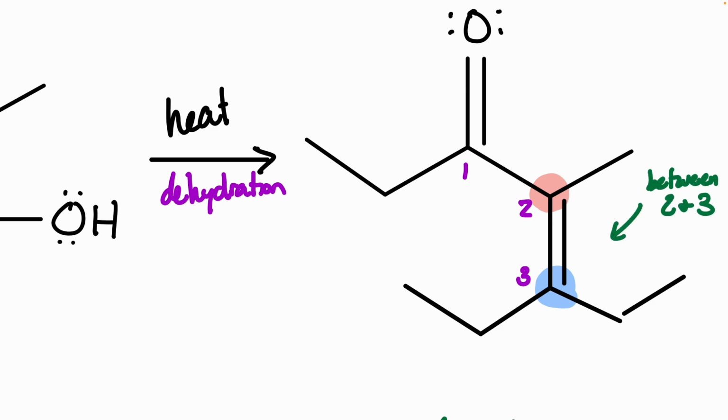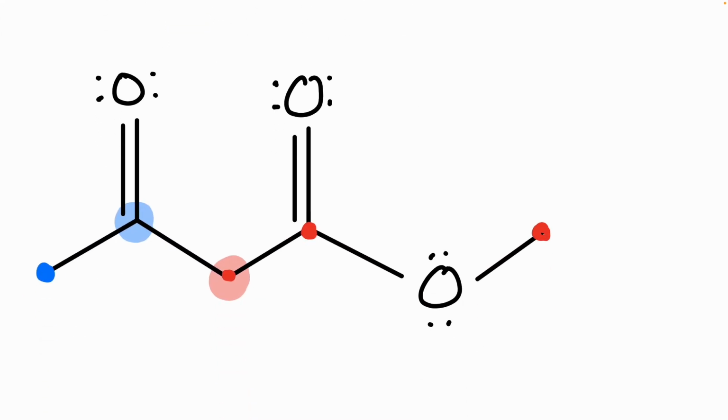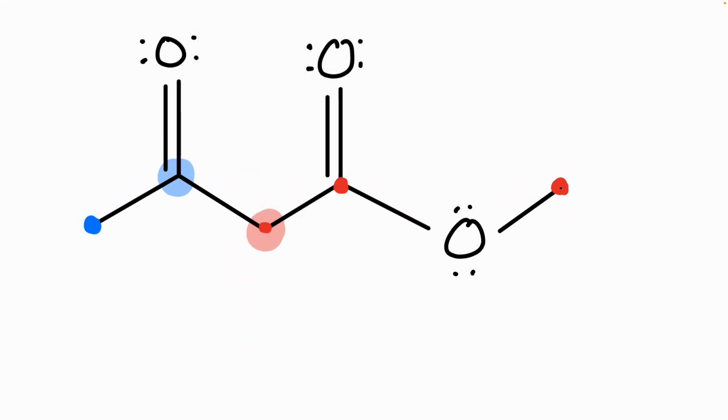So again, it's an easy double check to make sure that things are hooked up correctly. And if we look at our Claisen condensation product, we can do the same thing. If we start counting between our carbonyl groups, we'll see they also have that same 3 carbon spacing, and that'll always be the case in your Claisen condensations.